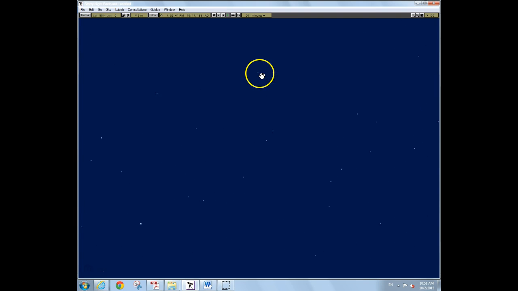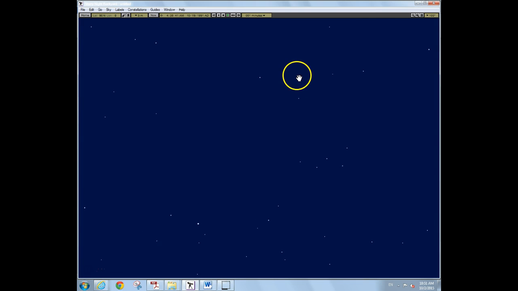It's the North Star. It does not appear to move at all because it's directly over the North Pole of Earth. Now it's 433 light years away, which is really, really far, so it's not directly over there. It happens to be lined up with the North Pole just by pure luck. These stars that do not appear to rise or set are called circumpolar stars, and they appear to move around Polaris.